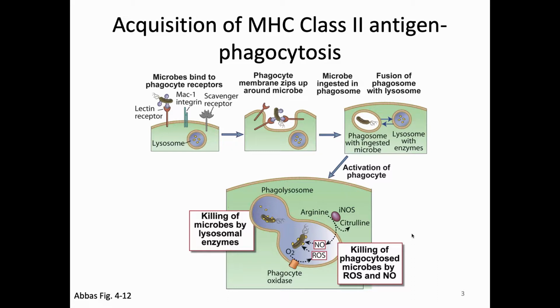We're going to envelop that microbe within the membrane and make a compartment called the phagosome, and eventually that phagosome will fuse with the lysosome. Then we will call it the phagolysosome, and we'll be killing that microbe. And so we can talk about acquisition for class 2 as being phagocytosis.